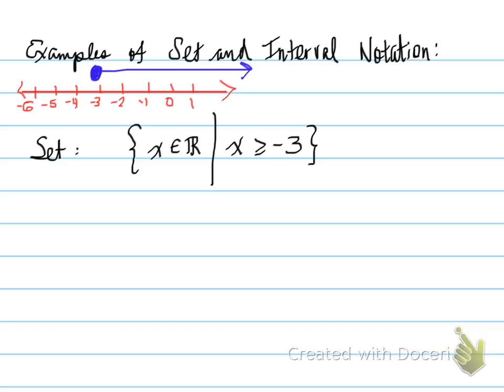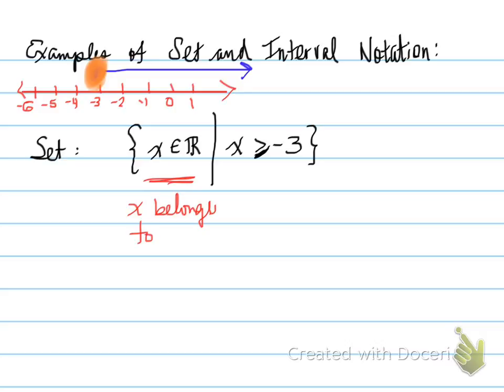Something to note is this curly bracket over here. You make a curve, a bump, and another curve to create that curly bracket. These are set brackets reserved for set notation. X implies it's the domain. If it was the range, it would be y. This means belongs to.